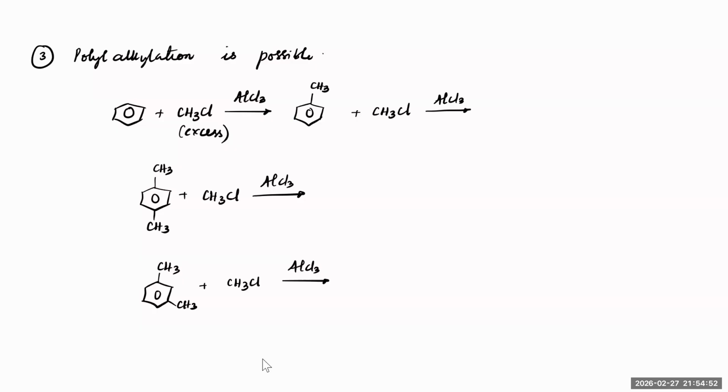So toluene will react and give you multiple products here. That is CH3 with alkylation happening at ortho position, alkylation happening at meta position, and alkylation happening at para position this way. So you will get multiple products, right?